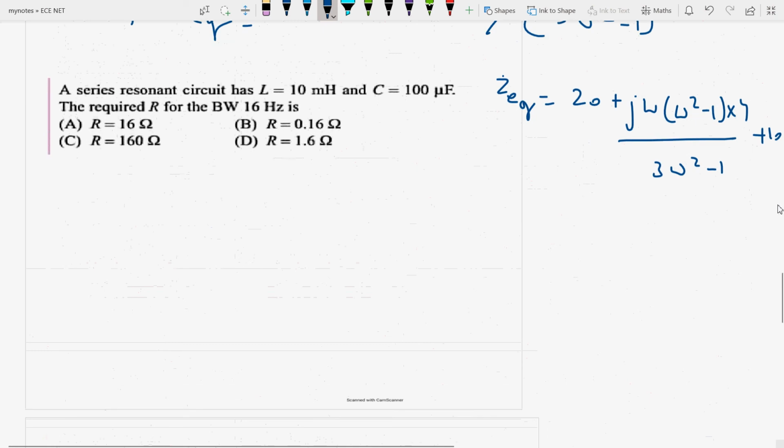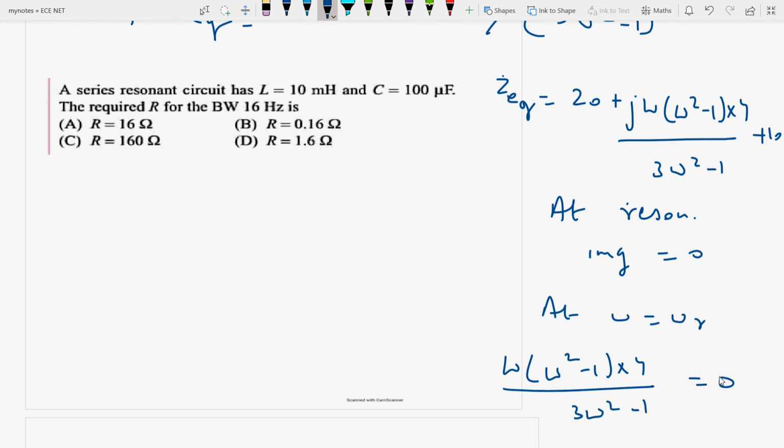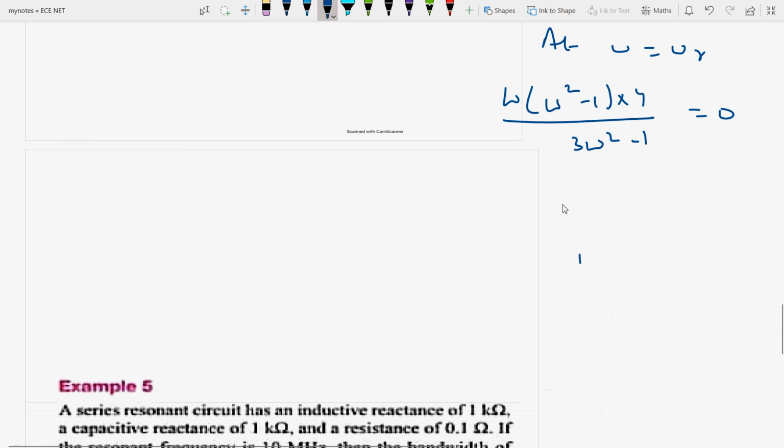Now at resonance, your imaginary part is equal to 0, that means omega is equal to omega r. So omega into omega square minus 1 into 4 by 3 omega square minus 1 is equal to 0.